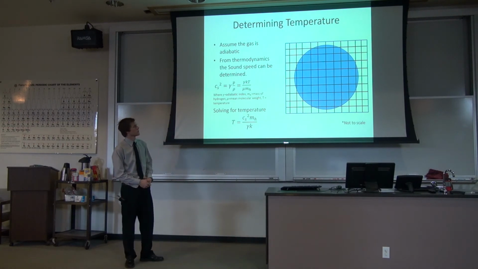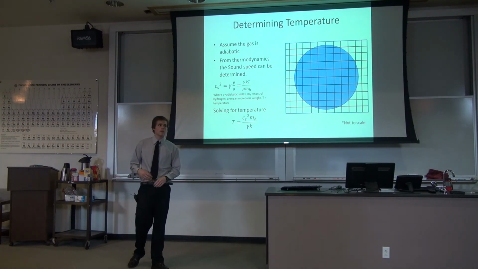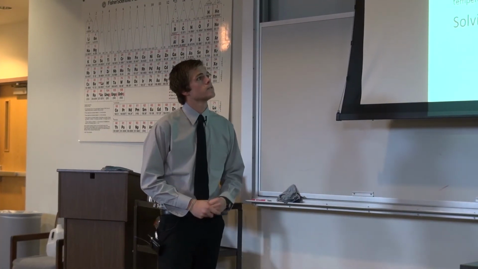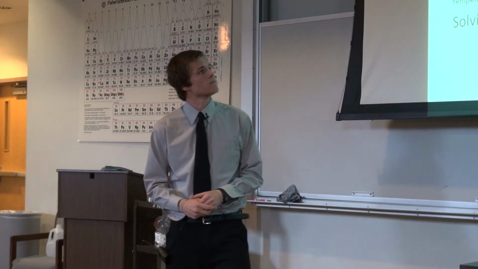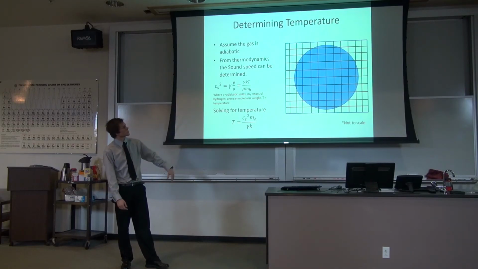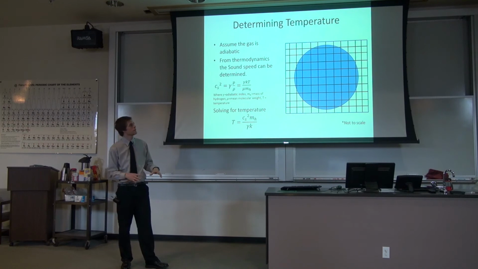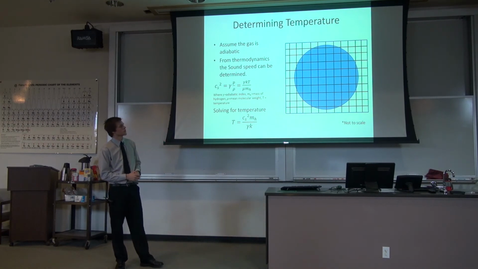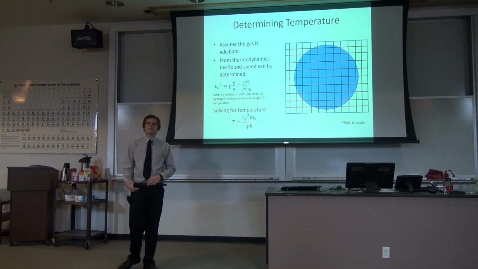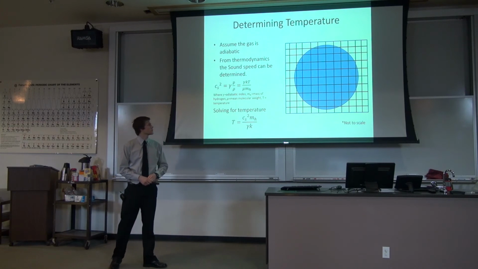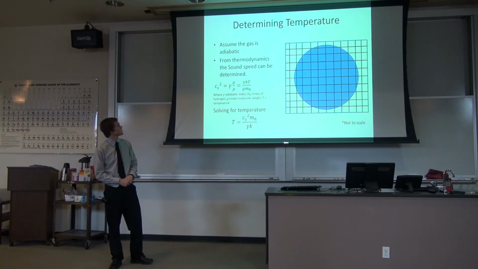And in order to create this SED, or spectral energy distribution, we need to determine a temperature. So we have our accretion disk, which you see in the picture, again not to scale, but we want to find the temperature at each of those grid points. And if you remember, the MHD code's not actually solving for temperature. So in order to get temperature out of our simulations, we assume that the gas is adiabatic.